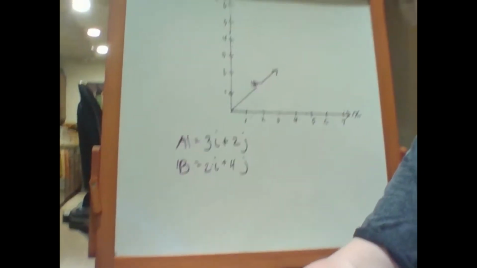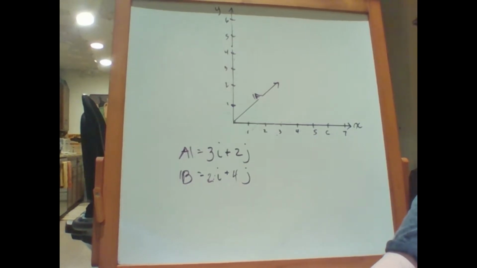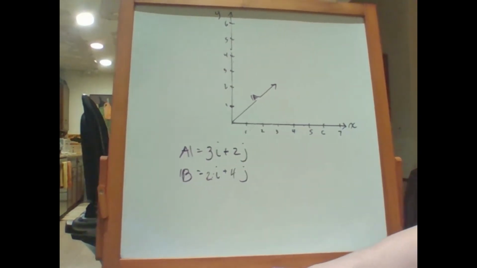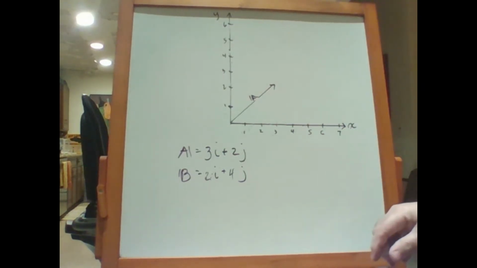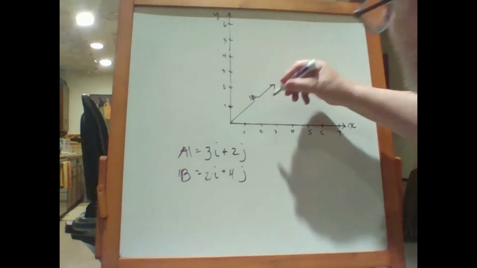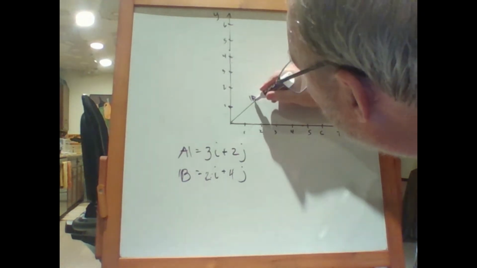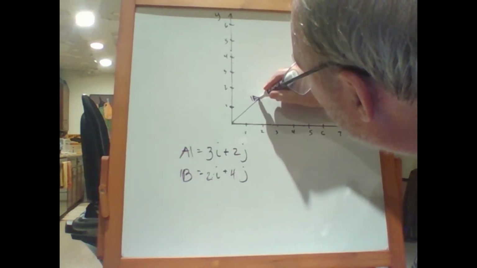Okay, so we got most of the screen here. All right. So we got vector A. I should complete that line there. That's where I put the tape on.